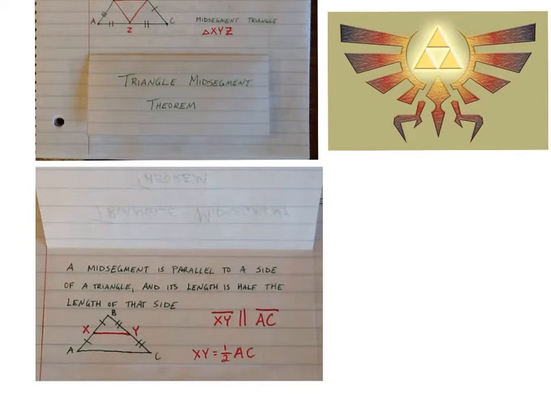The triangle midsegment theorem says a midsegment is parallel to a side of a triangle and its length is half the length of that side. So XY is our triangle midsegment, and it is both parallel to AC and it is half the length of AC.